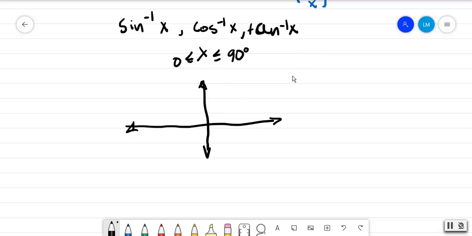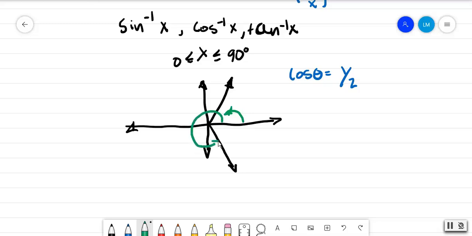Because for instance, if I had written down the expression cosine of theta equals 1/2, well, in that case, you might say, I definitely know that it's in the first quadrant, but I also know that it's in the fourth quadrant. So that means that you have something like this, but then you also have another one that goes like that.